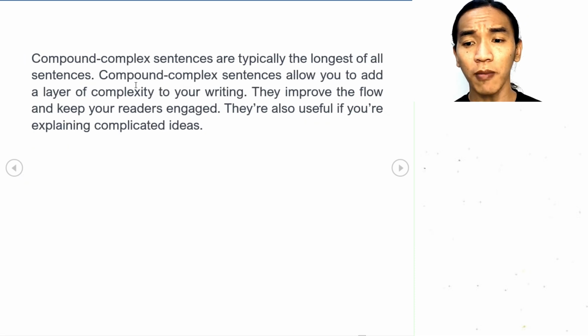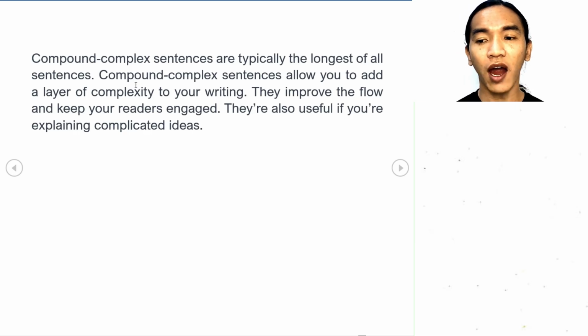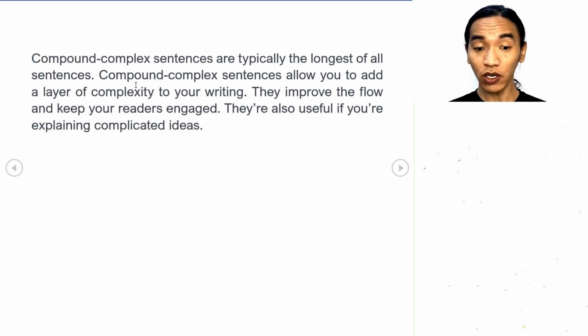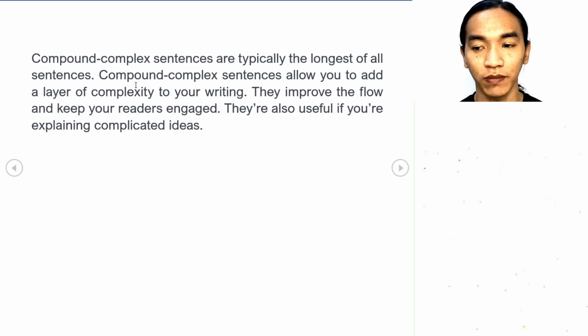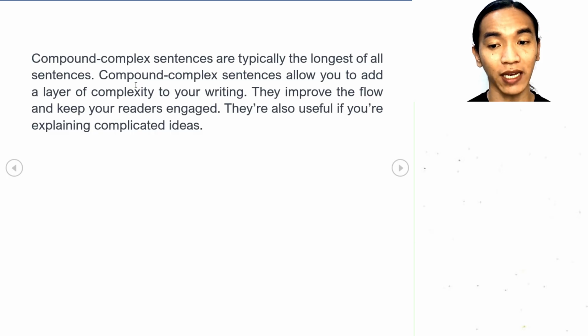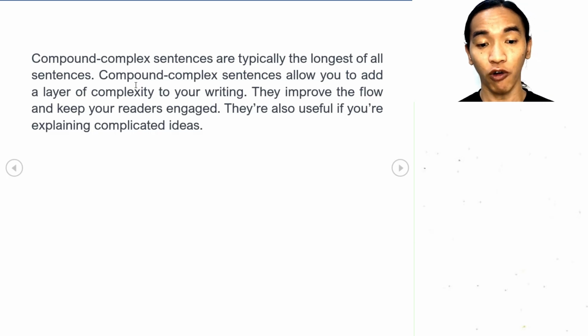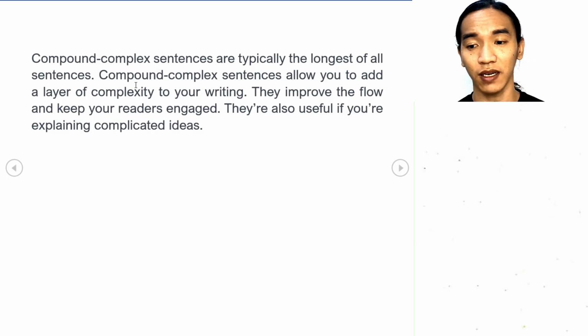Now, compound complex sentences are typically the longest of all the sentence structures. Compound complex sentences allow you to add a layer of complexity to your writing or even to your speaking. So, they improve the flow and keep your readers or your listeners engaged.